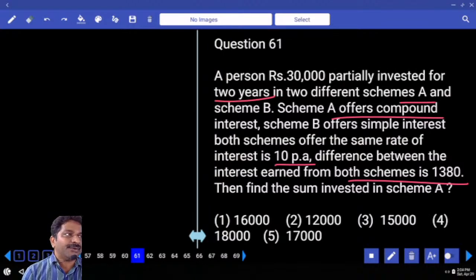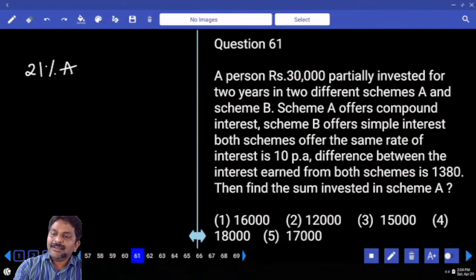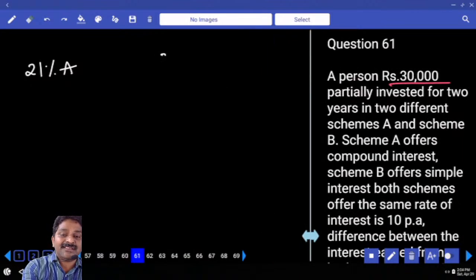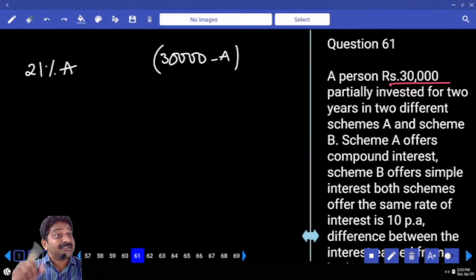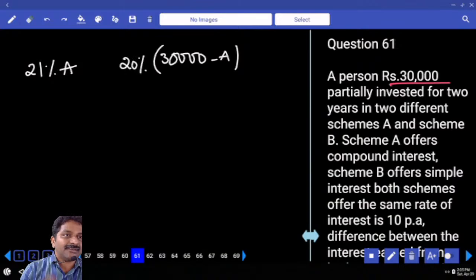What is compound interest for 2 years? 21% of A, which is the interest obtained from scheme A. Now, out of total 30,000, if A rupees is invested in A, the remaining is invested in B. So we can write B's investment as 30,000 minus A, and B at a simple interest of 10% per annum for 2 years, the interest obtained is 20% only.